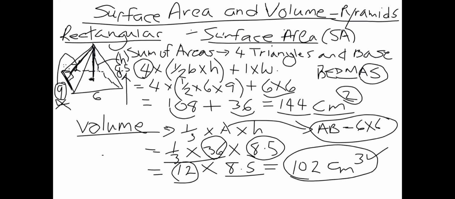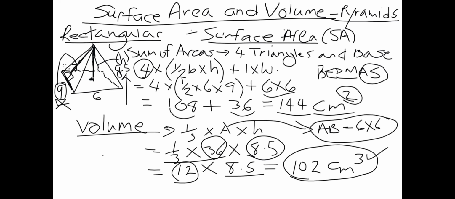Now, if it was a triangular pyramid, the only thing we need to do differently is to use half the base times the height, which would be the triangle formula for the base. That's the only thing you would change if you were going to do a triangular pyramid.